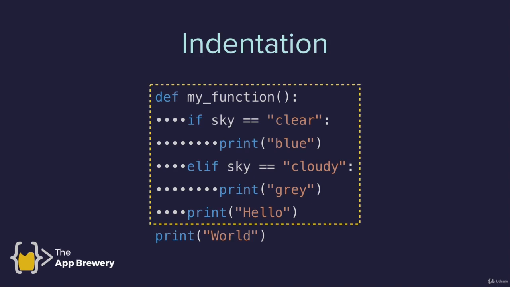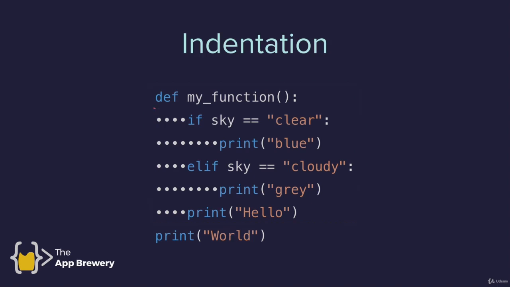So this is the function block, this is the if block, this is the elif block, and you have to be able to see all of this while just looking at the indentation.